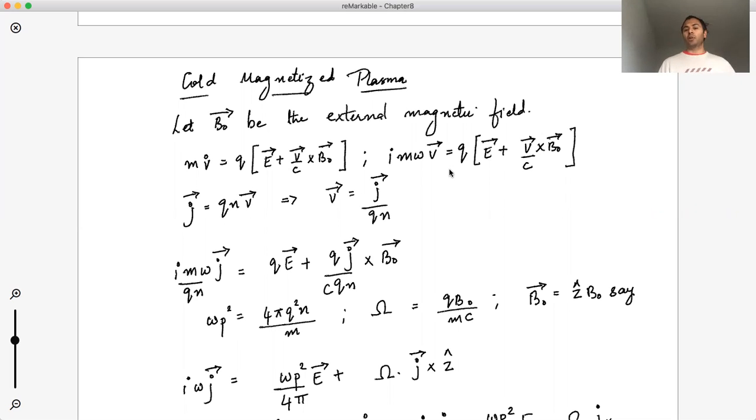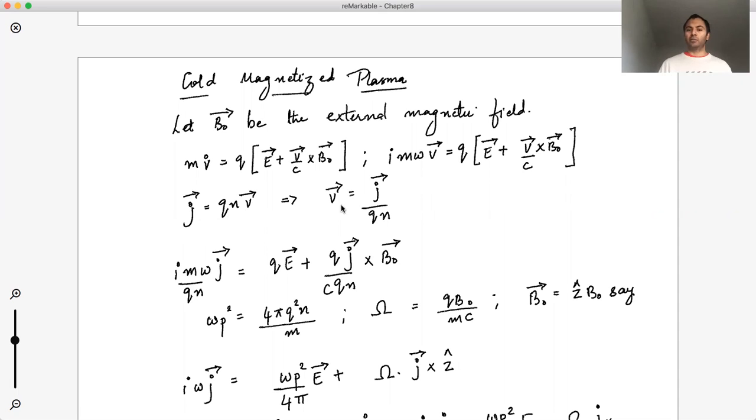Now again, we go to the Fourier domain. We are assuming that all quantities vary harmonically. We can do that because these are just linear differential equations, so you can always solve them by going in the Fourier domain. And again, we have the equation for the current. The current density is just elementary charge times the charge density times the velocity.